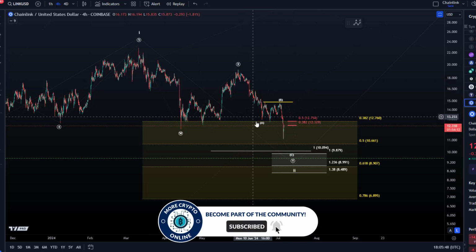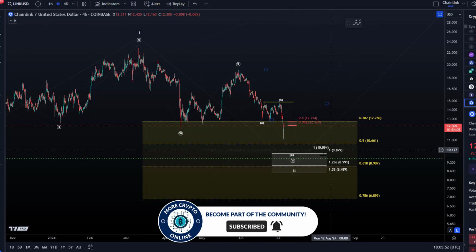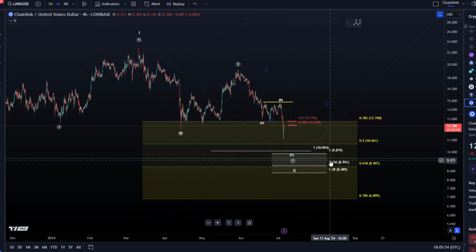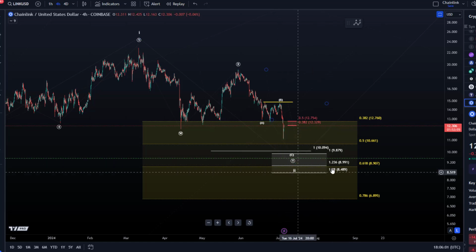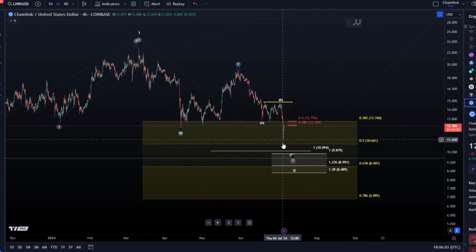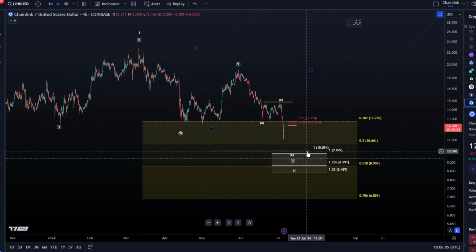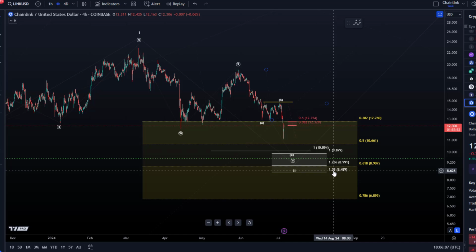Based on the A wave and the potential length of the C wave, we have possible downside targets pointing towards $8.49 and $9.88. So there is basically a cluster of support in the area between $10.10 and $8.49. That is worth watching for.